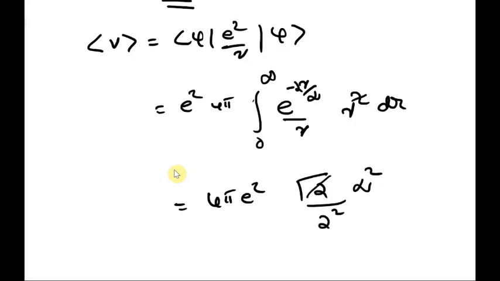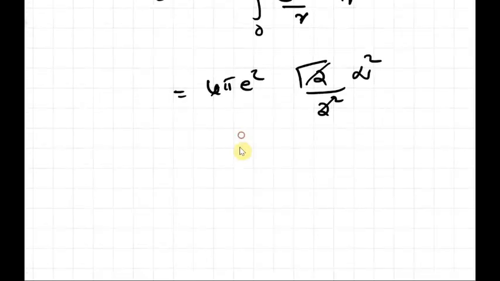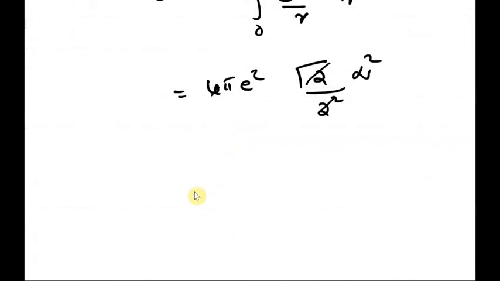Yes, gamma 2 means 1 factorial. So that's 1. This is 2 square, that is 4. This will cancel. And what else is there? Pi e square alpha square. That's it, right? Pi e square alpha square.